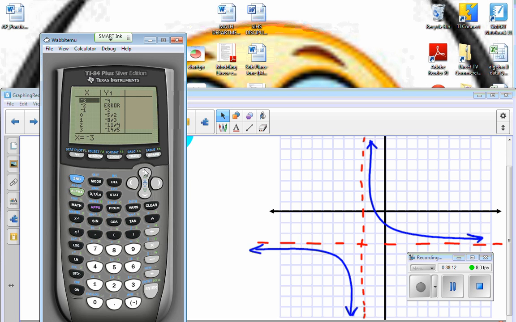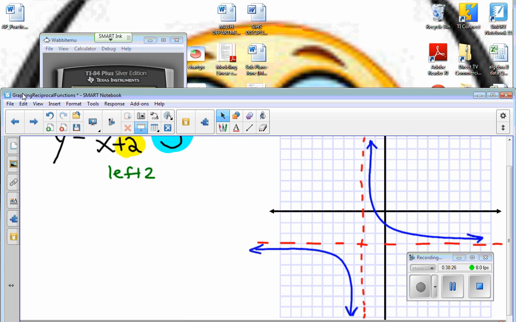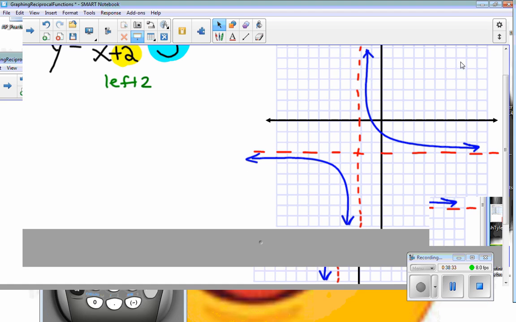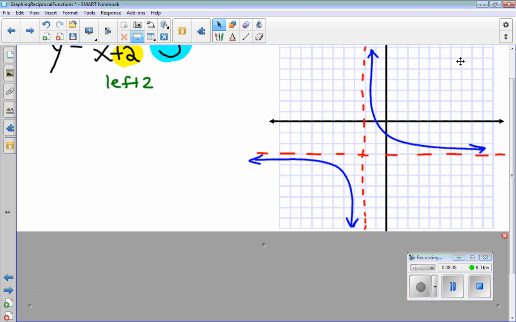There's no way that the graph ever touches -2. So the asymptotes will show up as errors in your table. I really want you to be pretty particular about the asymptotes and where they are. Pretty particular.